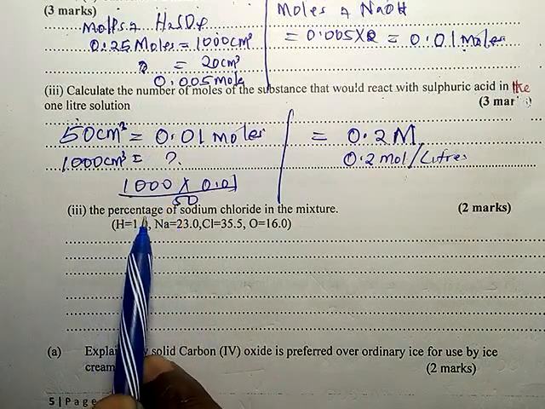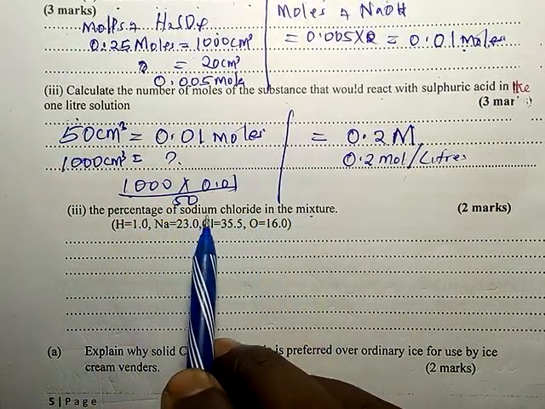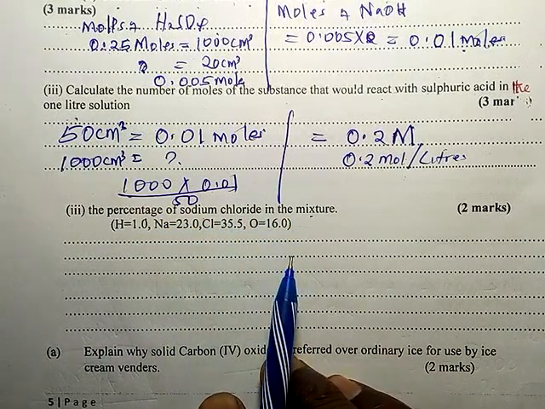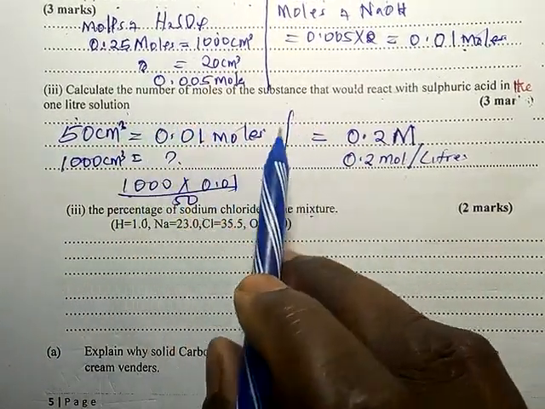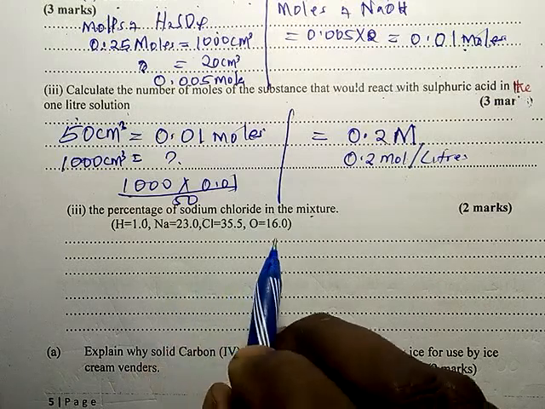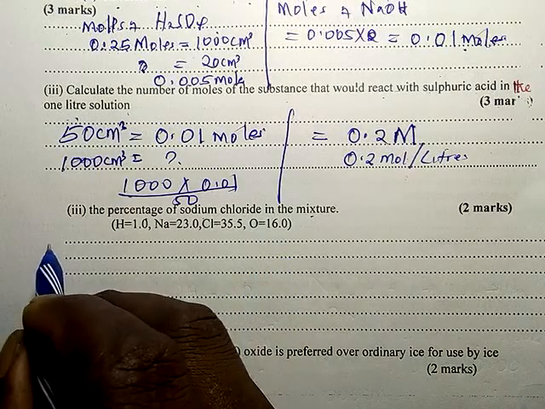Calculate the percentage of sodium chloride in the mixture. What is the percentage of the impurity, sodium chloride, in the mixture? Now we have the molarity in a liter. So what we want is to calculate the mass of sodium hydroxide itself in 1 liter. We will use this triangle.